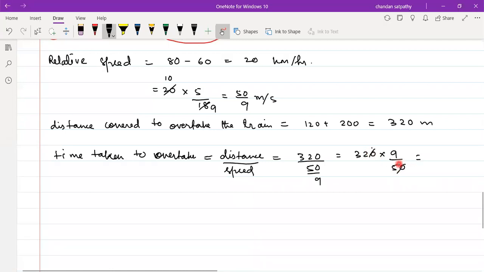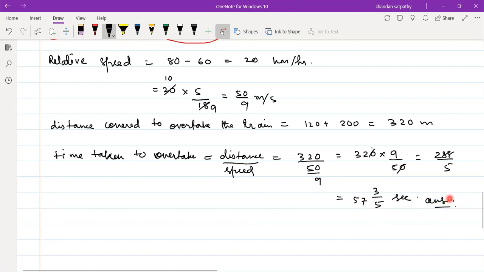So now it will become 32 into 9, which is 288 by 5. Now we convert: 5 5s are 25, remaining is 3. 5 7s are 35, remaining is 3. So 57 and 3 by 5 second. This will be our answer.